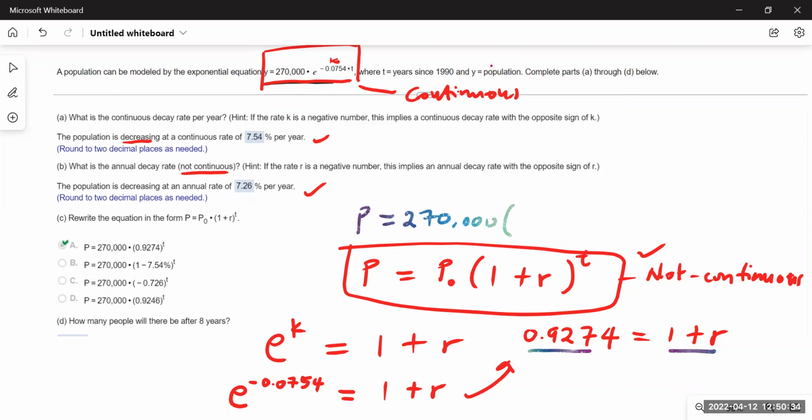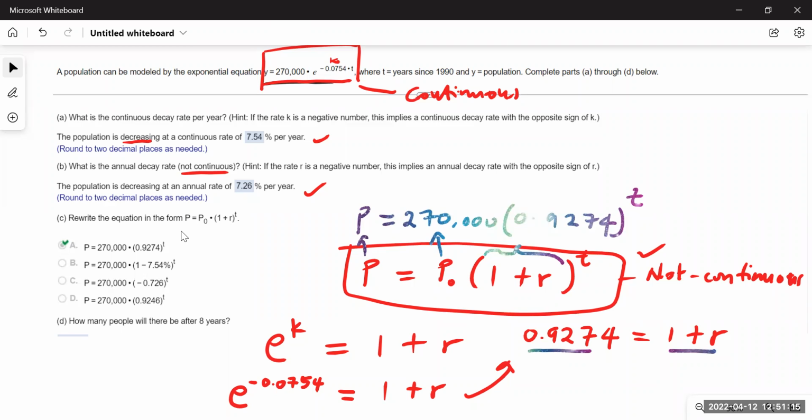So we can easily plug that in right there, and that is our T. So there's our P naught, and then 1 plus R, and exponent T. So when we go through these options, you notice that our answer is A. You just need to be careful, and that should be your answer. And we have gone through this problem successfully.